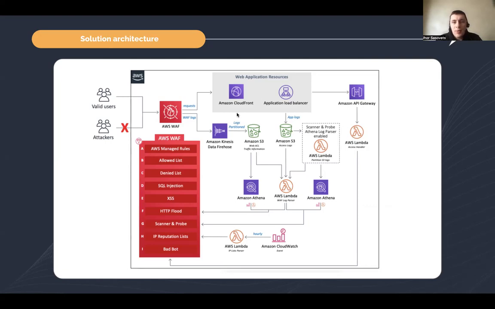As you can see, primarily it can be used with Amazon CloudFront or an application load balancer, but you can also attach it to Amazon API Gateway and monitor your serverless endpoints in order to protect them as well.